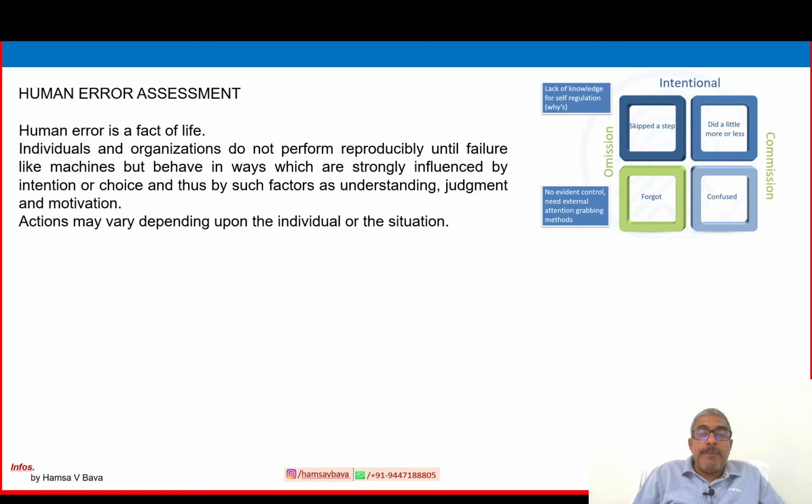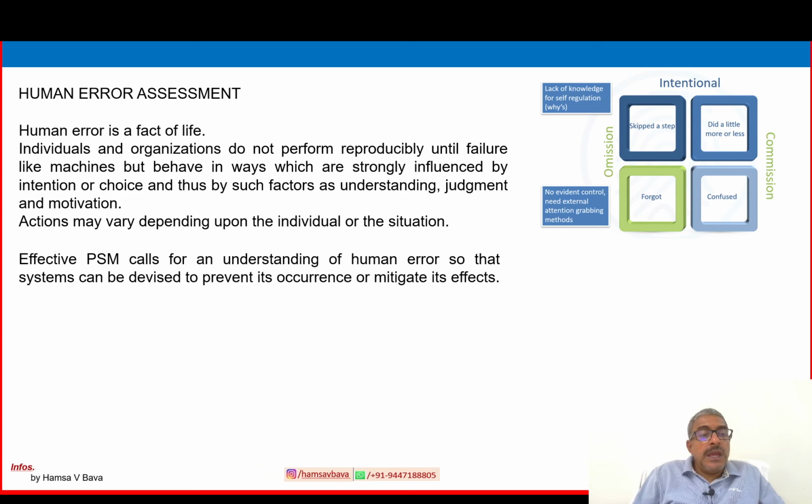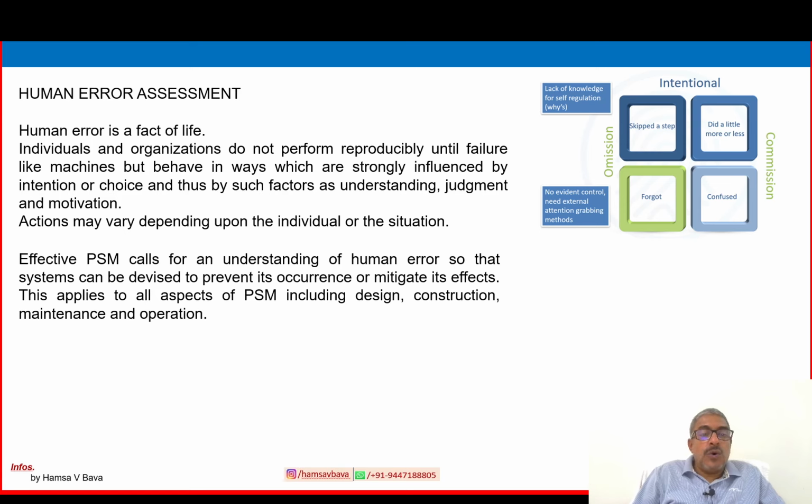Action may vary depending upon the individual or the situation. Effective PSM calls for an understanding of human error so that systems can be devised to prevent its occurrence or mitigate its effects. This applies to all aspects of PSM, including design, construction, maintenance, and operation.